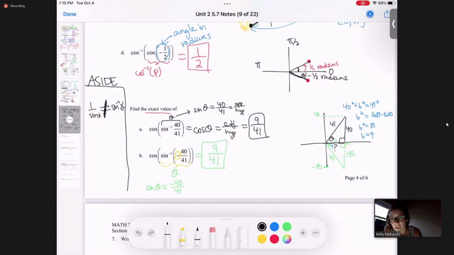If you're wondering what 1 over sine x is, well, it's cosecant x. That's what we call it if we don't want a fraction. We do not call it the inverse of sine. It is the reciprocal of sine.